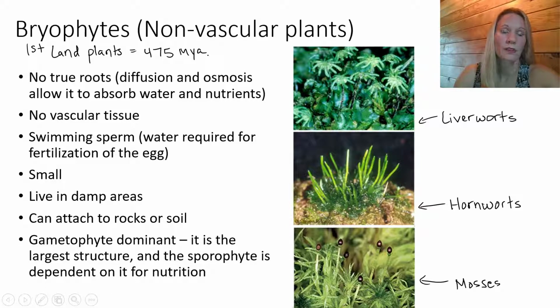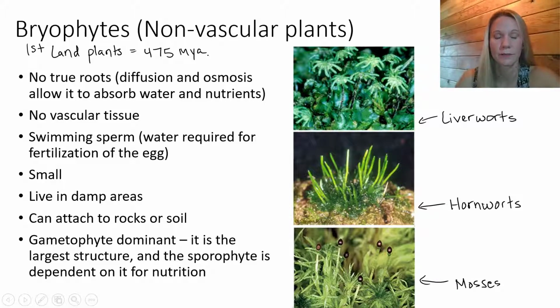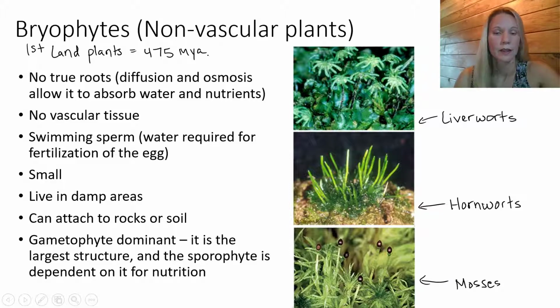We refer to the bryophytes in their alternation of generation life cycle as gametophyte dominant. What that means is it is the largest structure, and it is also the structure that the sporophyte relies on for nutrition.